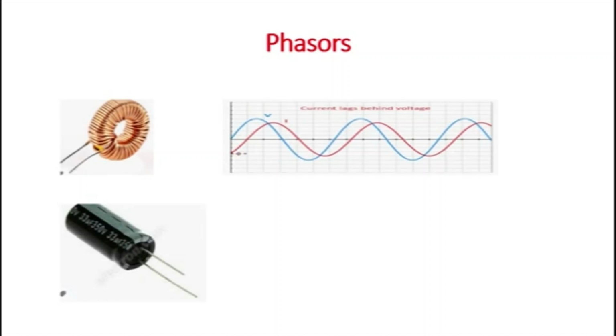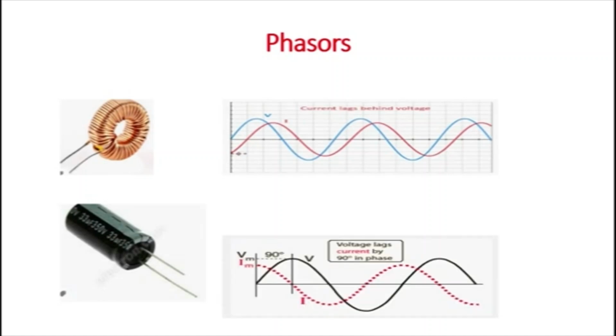You realize that the current doesn't begin at the same time as the voltage. At the point where the voltage has reached its maximum, the current is still not at its maximum. So we see there's a phase shift between them. This phase shift is just caused by inertia, in this case magnetic inertia.